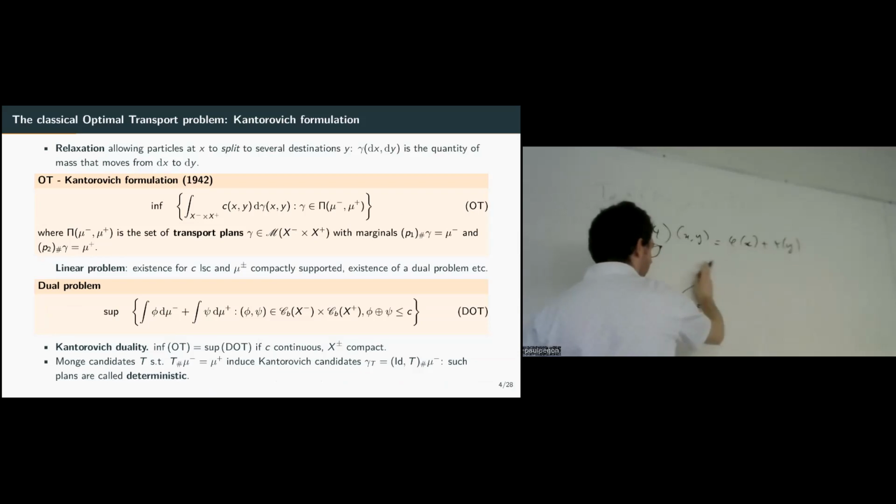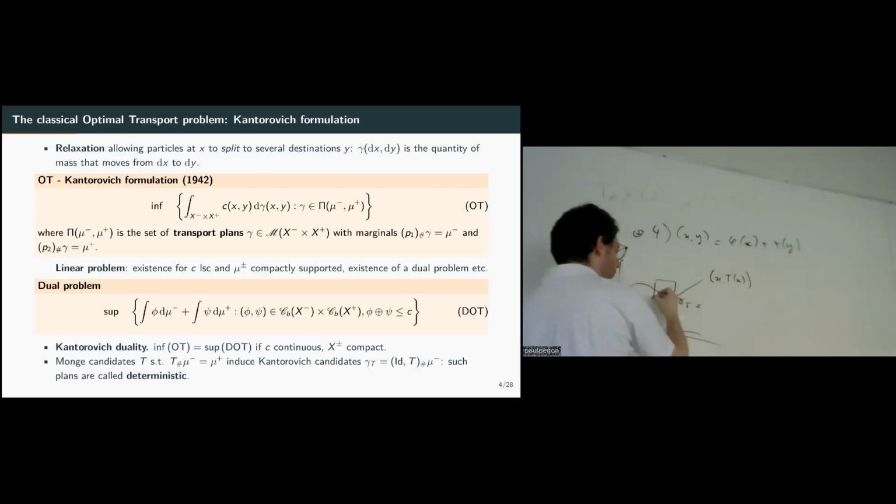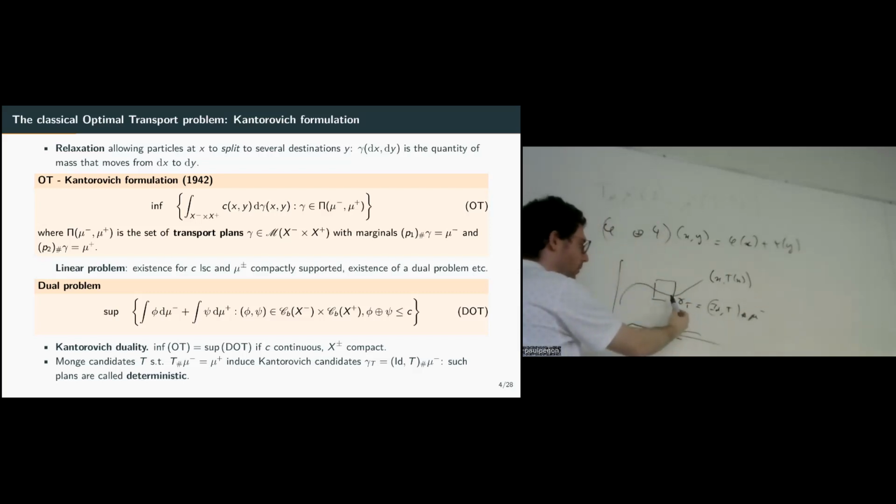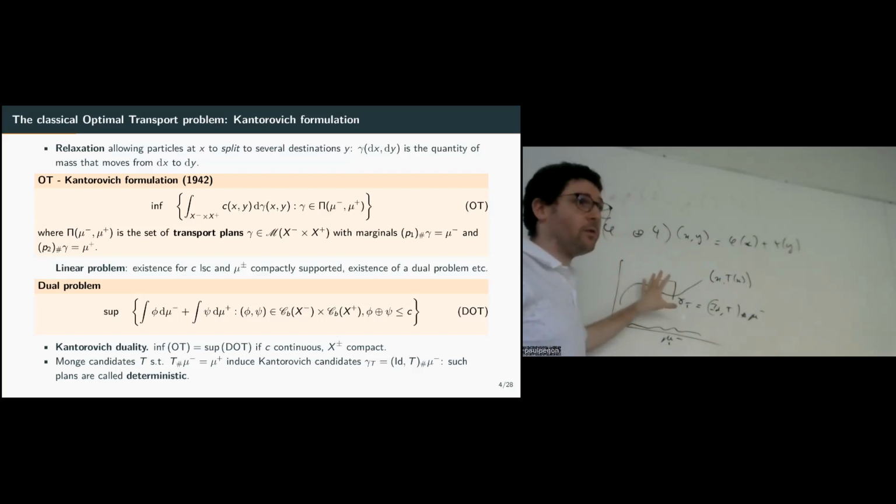So gamma T is just the push forward of mu minus. So if you want to measure what's in this box, you look at all the points lying in the graph. Okay, you look at which x it corresponds to, which is mu minus of this. Okay, so it gives you a measure on the product space, which is very sparse. It's concentrated on a graph in this case, and we call this transport plan deterministic.